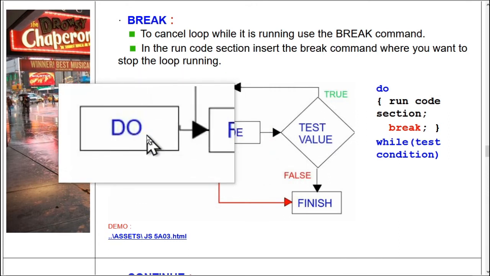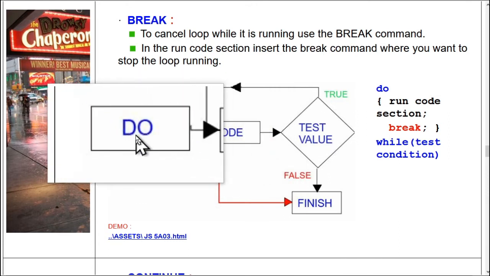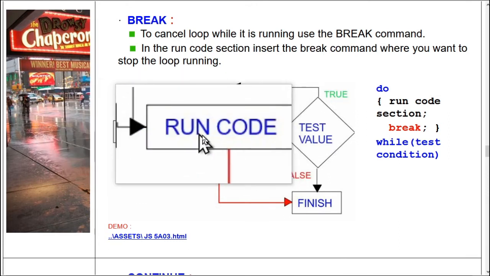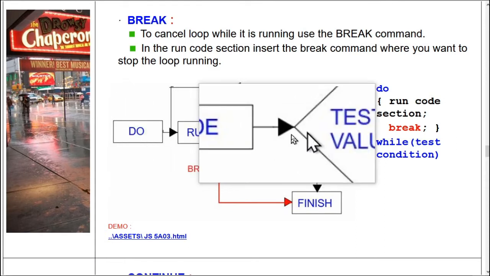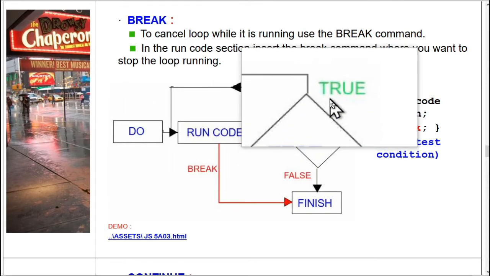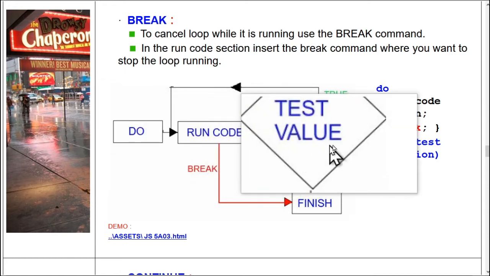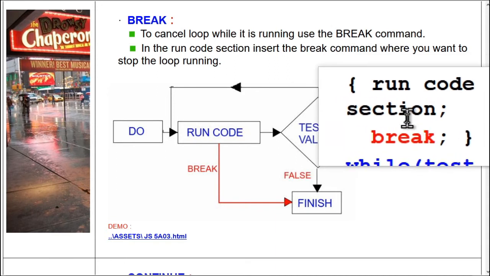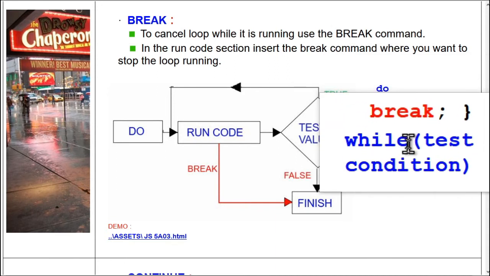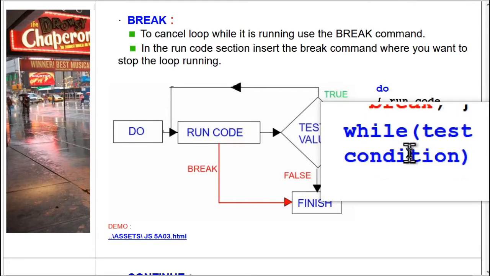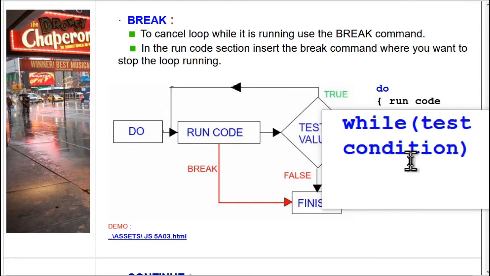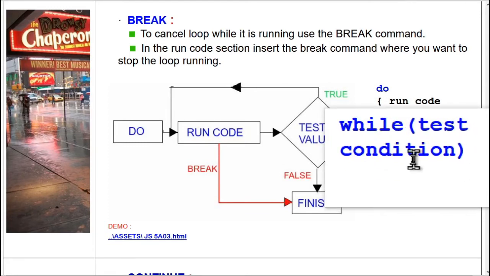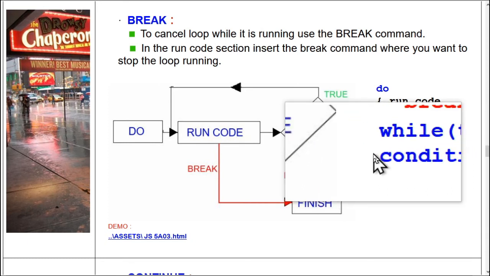Okay, we want to run the loop again, do command, run the code. Is there a break command in this? No. We carry on. We test our value, go true, go around the loop as normal. The way this is written is do, run the code section and put a break in the code section where you want to break out of the loop, and otherwise keep on running the loop while the test condition is true.